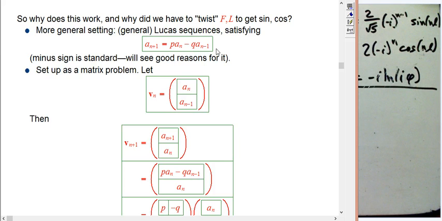But again, that's not super important for the point of view that I'm taking, which is not number theoretical, really. It's more analytic. So there's a conventional minus sign here. We'll see why it's good to think of this as minus q times a sub n. So Fibonacci is just where p is 1 and q is minus 1. So remember that.